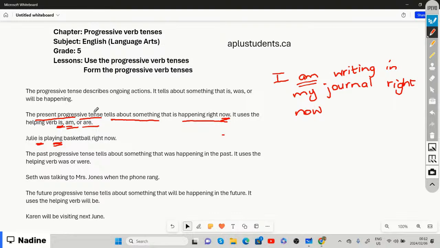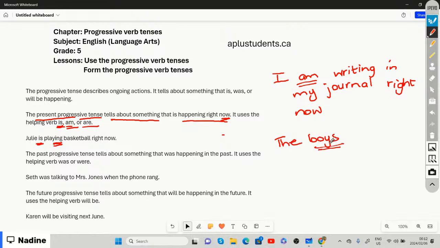And then we have the word are. Remember, we said that if we're referring to more than one person or thing, we use the word are. So you can make mention of the names of kids or anything. We can say, let's say, the boys.